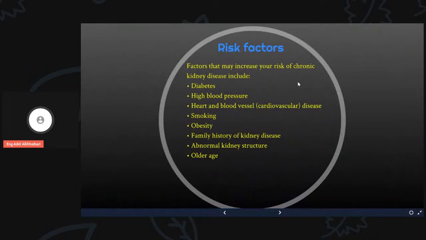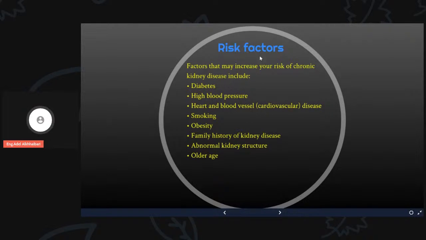The risk factors that might increase your risk of acquiring kidney disease include diabetes, high blood pressure, heart and blood disease, smoking, obesity, family history, and older age.